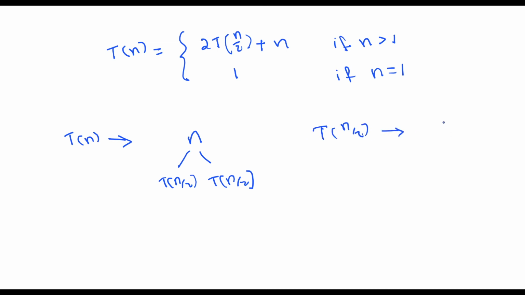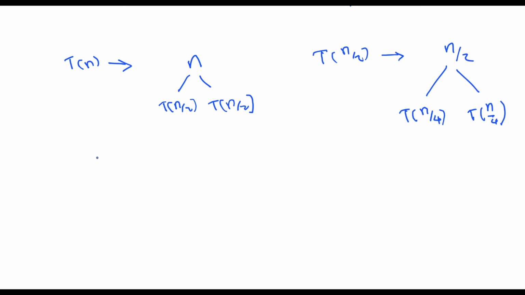Then also you will have a cost of n by 2, then you have to solve two problems of size n by 4, so that will be t of n by 4 and t of n by 4. At the end we will have the size of the problem equal to 1, then the cost will be 1. Okay, now we will develop our recursion tree from these simple tree structures.